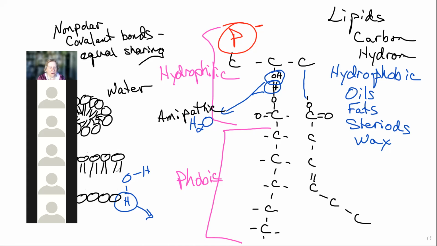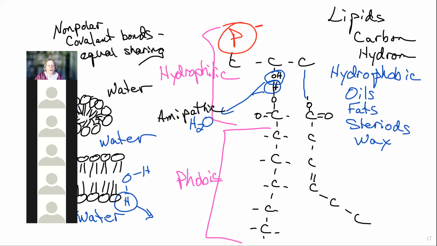So you can see my cartoon little legs hanging down or poking up. The hydrophobic legs are interacting with each other. The hydrophilic heads are interacting with the water on the outside of the cell and on the inside of the cell. Okay, cool, right?